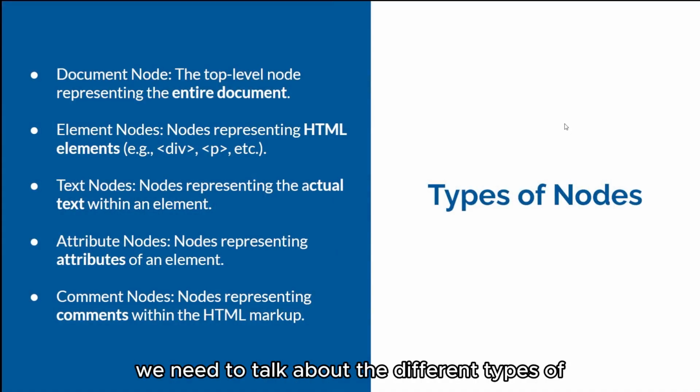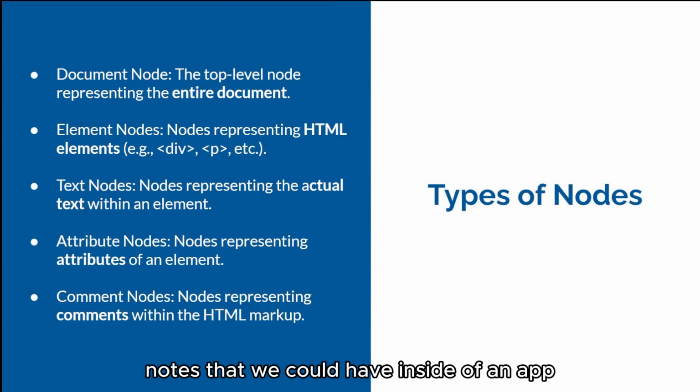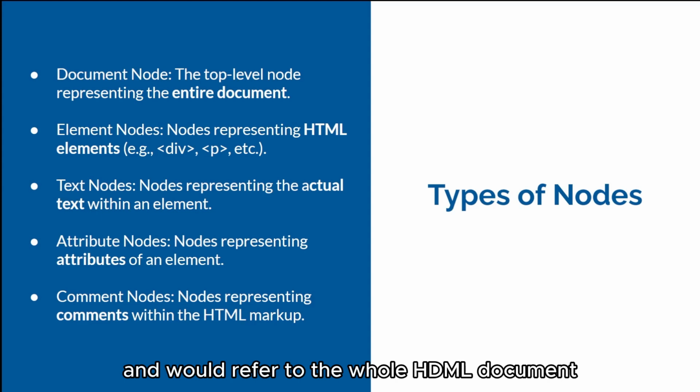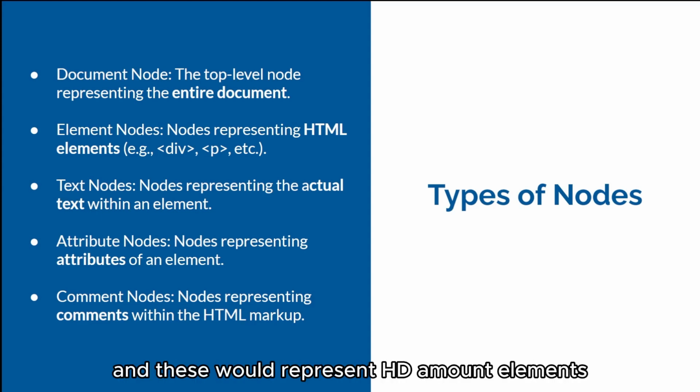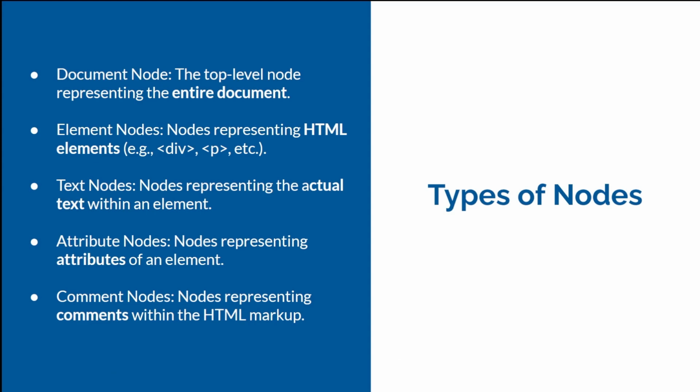With that, we need to talk about the different types of nodes that we could have inside of a DOM. This includes the document node, which refers to the whole HTML document. Under that are element nodes, which represent HTML elements such as divs, paragraphs, H1s, and so on. Next are text nodes, which represent the actual text within an element.